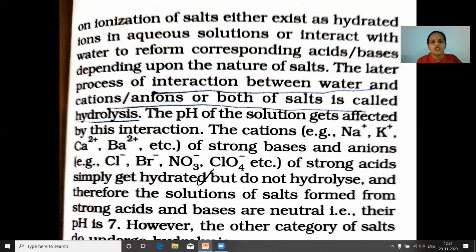The cations, sodium ion, potassium ion, calcium ion, barium ion, etc., of strong bases and anions, for example Cl-, Br-, nitrate ion, ClO4-, etc., of strong acids simply get hydrated but do not get hydrolyzed, and therefore the solutions of salts formed from strong acids and strong bases are neutral, that is their pH is equal to 7.